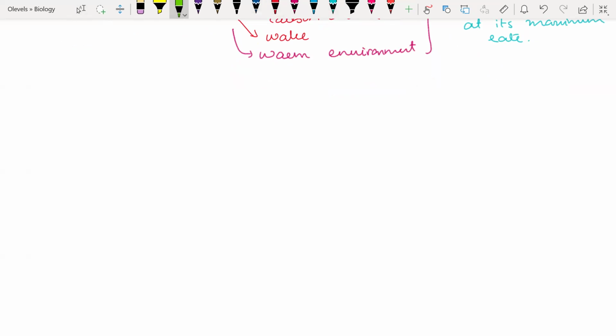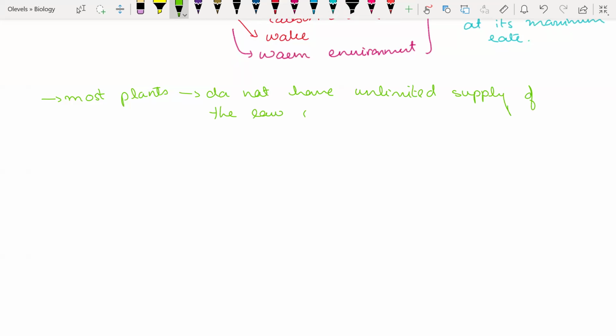However, we know that we have some other plants, or most plants, that do not have unlimited supplies of raw materials. So what happens in the case of these plants?